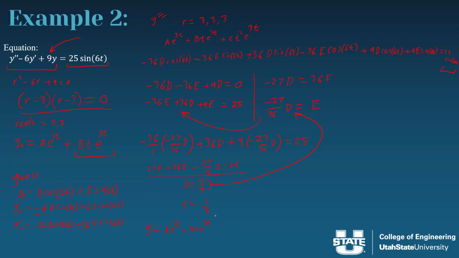And then we have the particular solution, which is plus 4/9 cosine of 6t minus 1/3 sine of 6t. Okay, and if we had some initial conditions, we could solve for A and B, but at this point, since we don't, we're good.